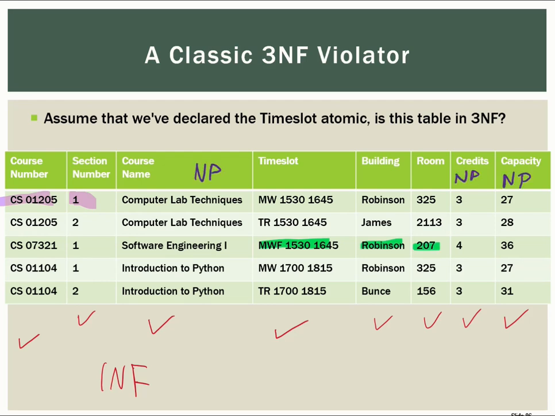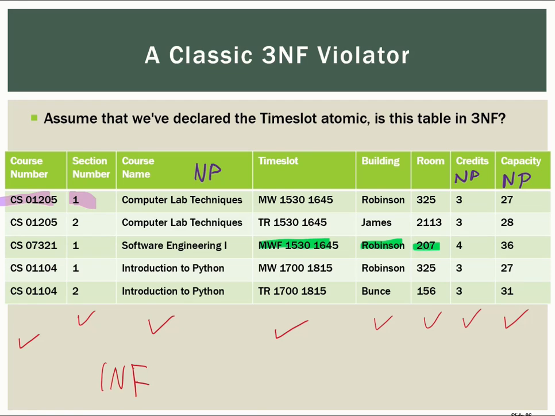So now we know our three non-prime attributes. They would be course name, the credits, and the capacity. So let's take a look at these columns and see if any of them are directly determined by a subset of the candidate key. So we will start with the course name.